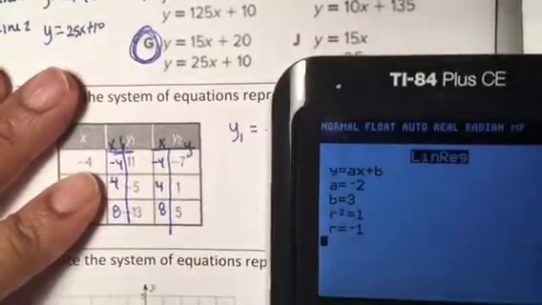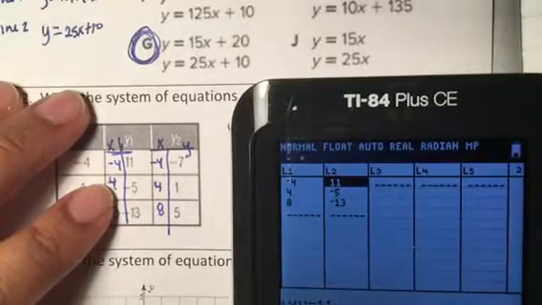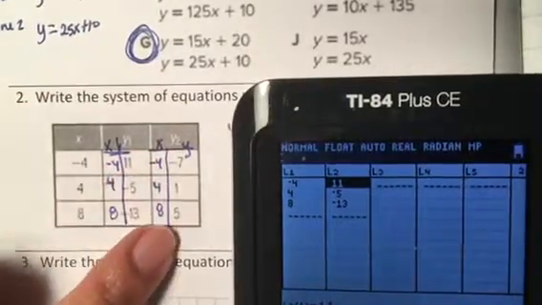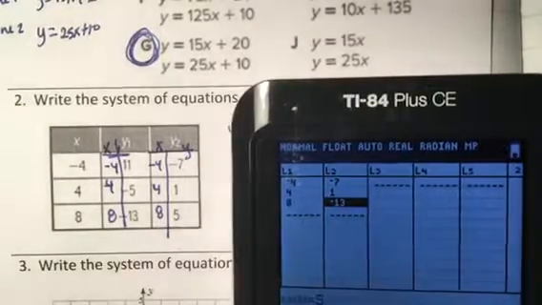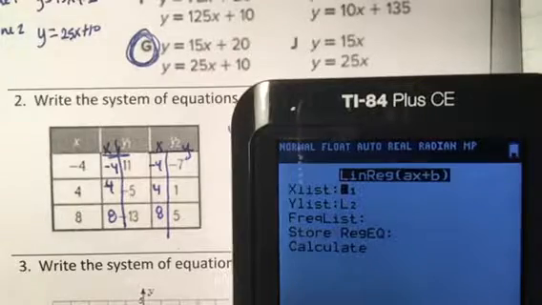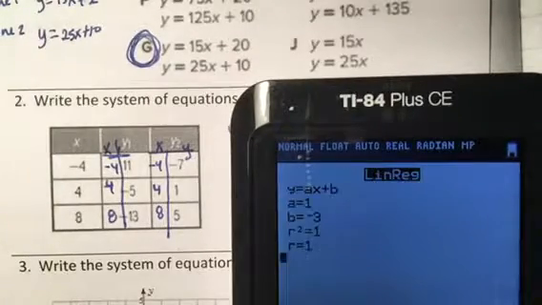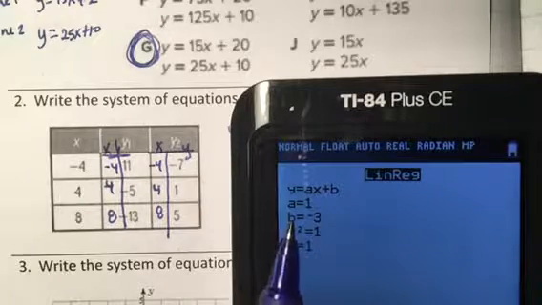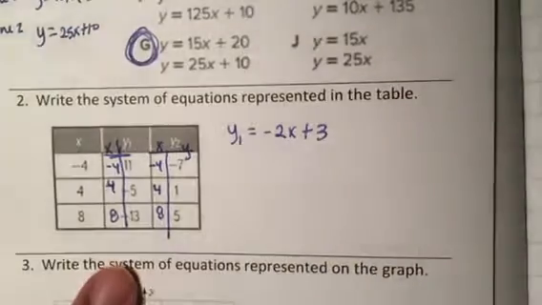So now I'm going to go back to this one. I'm going to go back to stat. And now I'm going to type in this set of y's. So -7, 1, and 5. Stat over 4, and I'm going to enter 5 times. So here A is 1 and B is -3.